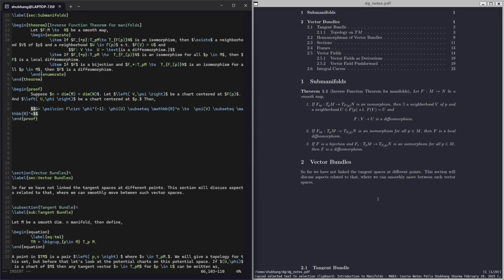It's an R^n to R^n map such that G of 0 is 0.